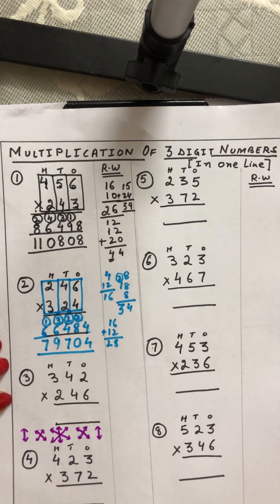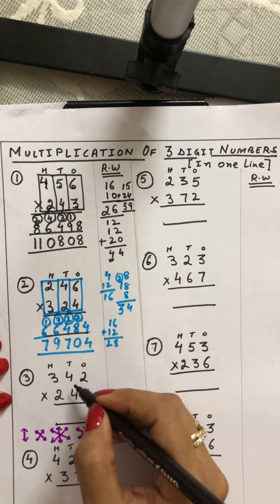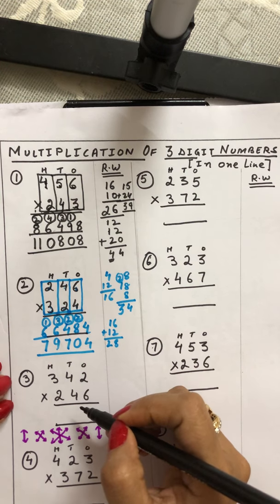With this pattern, let's see how we do this. Question number 4, I give you as a practice question, and I'll do question number 3 in front of you right now.